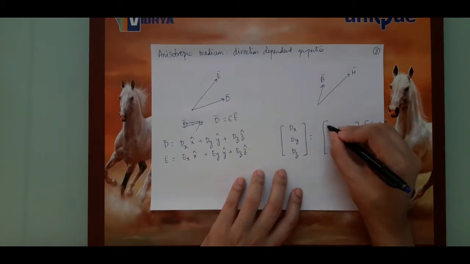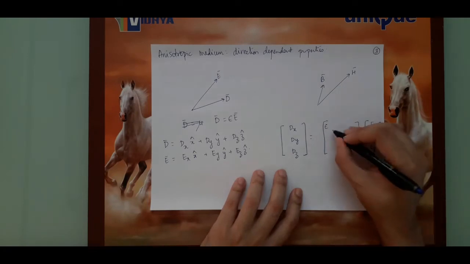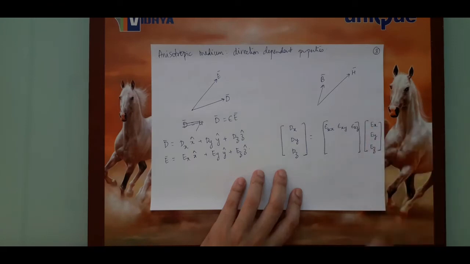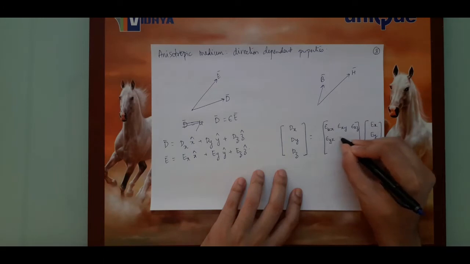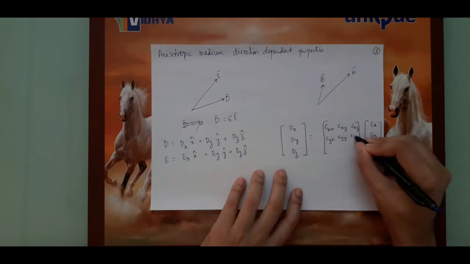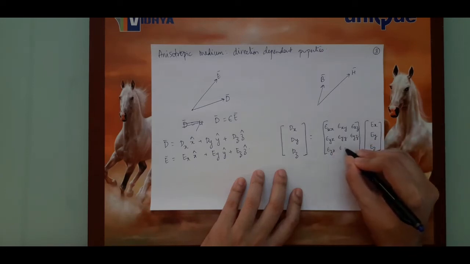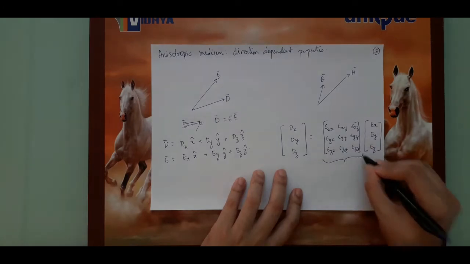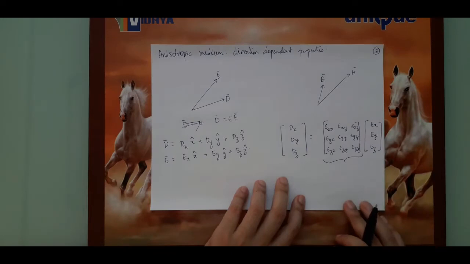So I can say the x component of epsilon can be written further as three quantities: dependence on x, dependence on y, dependence on z. Likewise, the y component can be written this way. Now, rather than a single number, the epsilon is represented in the form of a matrix.